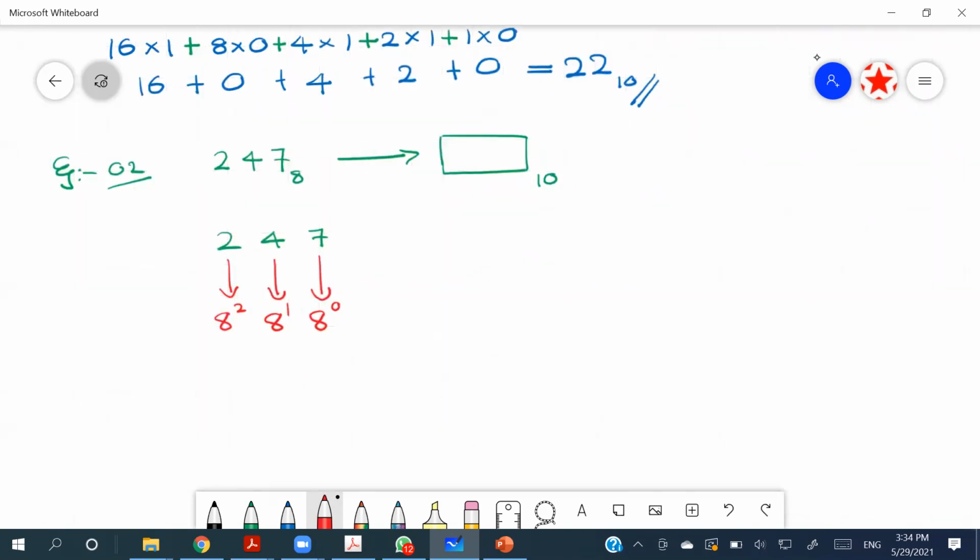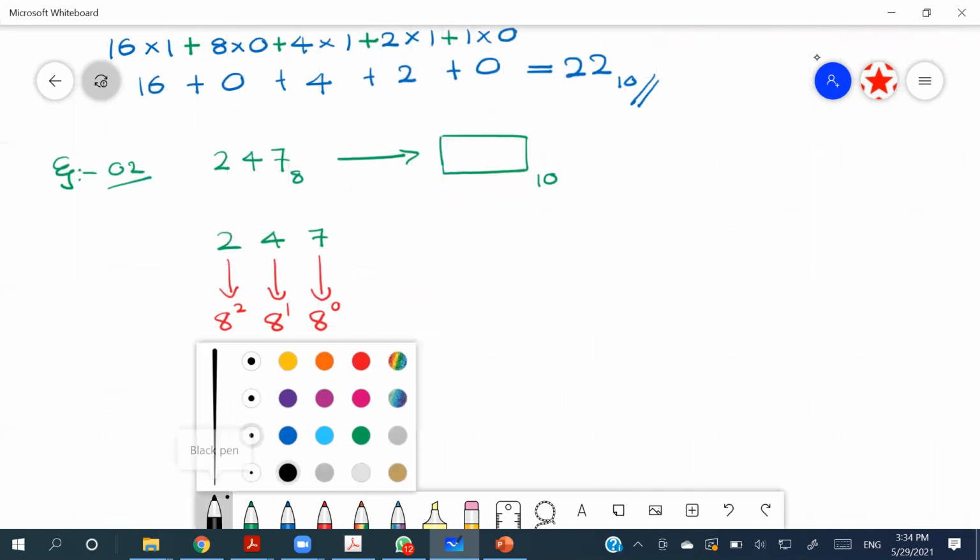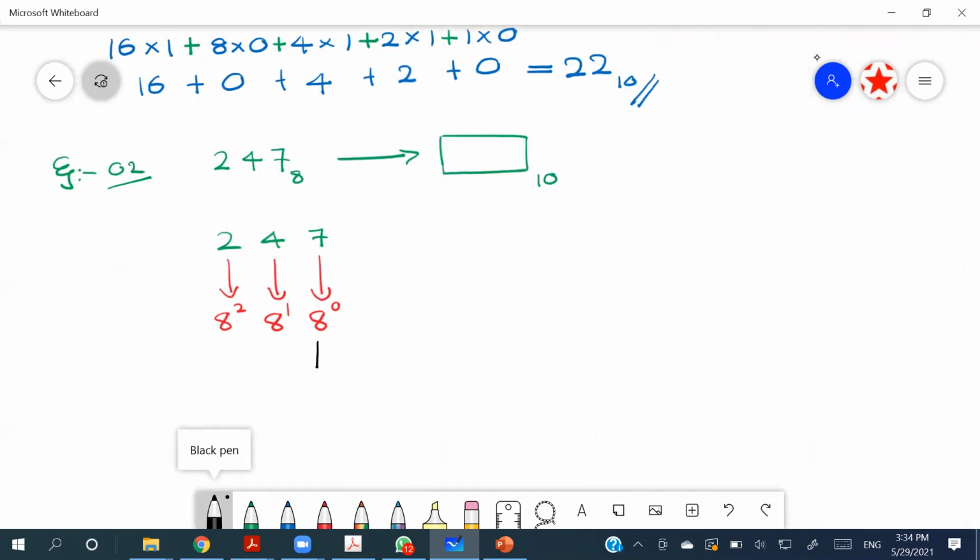So 8 to the power 0 means what? It is 1. Very good. And 8 to the power 1 is 8. 8 to the power 2 means, what is the value of 8 to the power 2, people? 64. Very good.